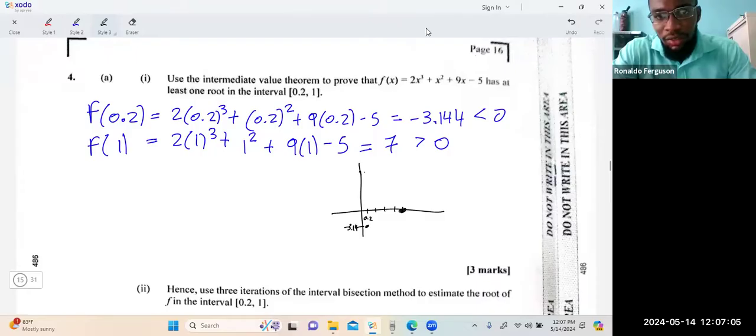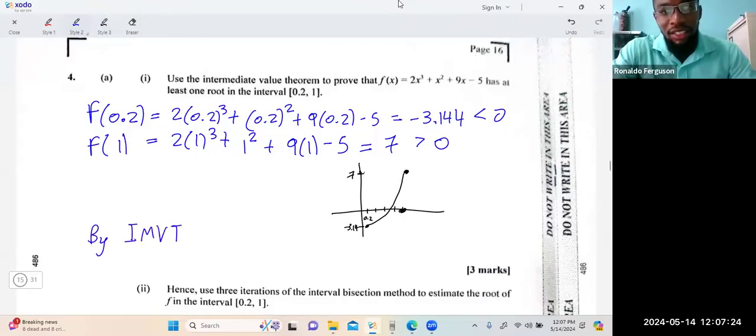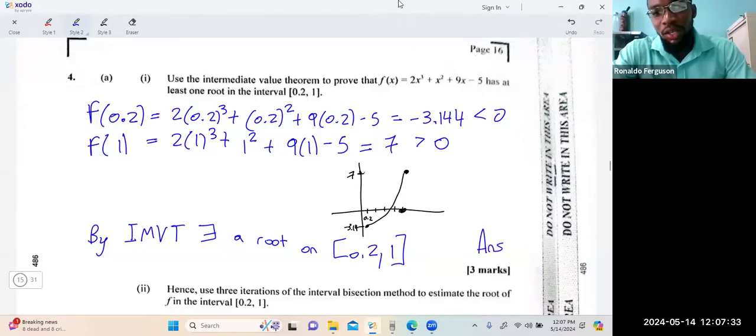If I draw a smooth curve, based on my sketch the root is going to be somewhere between 0.4 and 0.6, about 0.7. So by the IVT, there exists a root on the interval 0.2 to 1. I will show that f(0.2) is less than 0 and f(1) is greater than 0.